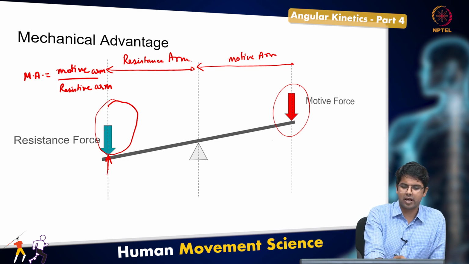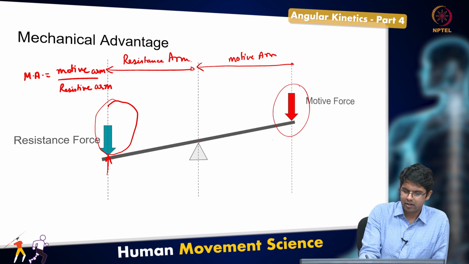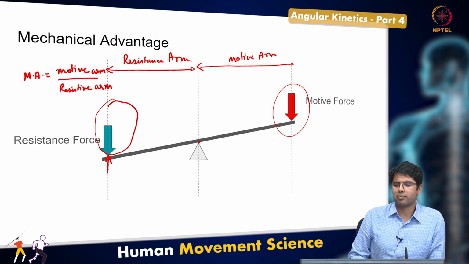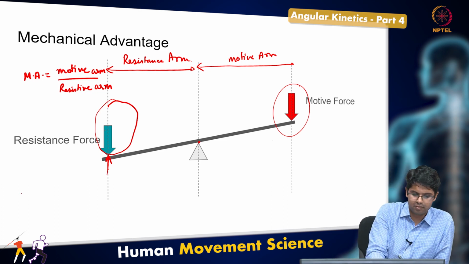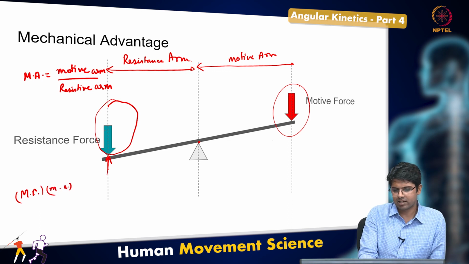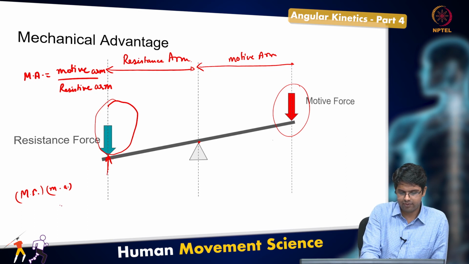So there is a moment when this is in equilibrium, right? There is a moment acting about this point, which is the motive force times the motive arm, and that is balanced out by the resistive force times the resistance arm.